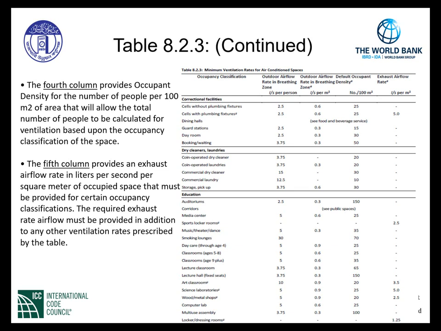We will use the auditorium space as the occupancy classification, and intersecting that with the fourth column, it gives us 150 occupants per 100 square meters.